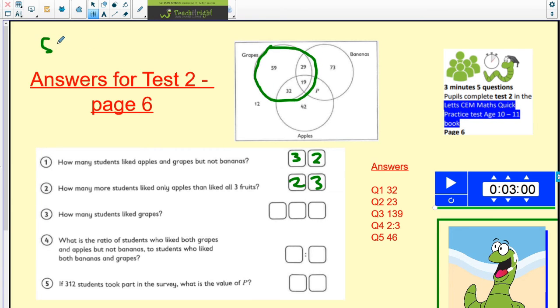So it's 59 plus 29, plus 19, plus 32, which equals 139.